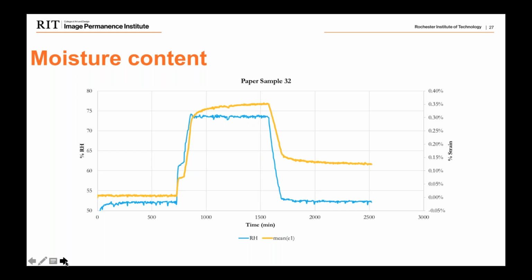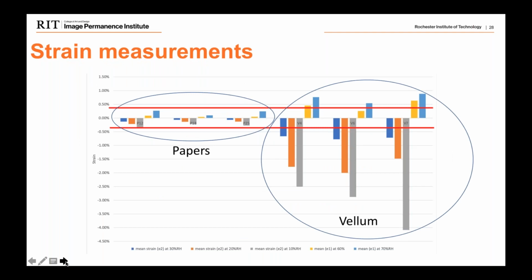But you can see this relationship between the relative humidity and the strain, that as the relative humidity increases, the strain does as well. And here, this is some data comparing papers with vellum, and the main point here is also that the strain is material dependent. So not all objects will respond in the same way. We saw they had different starting points, and they're going to take on different amounts of strain in response to changes to moisture content.